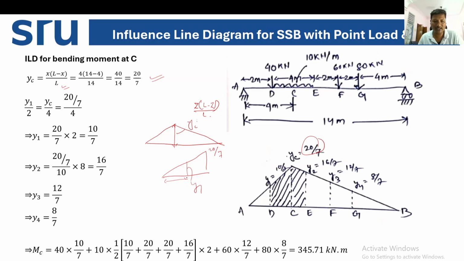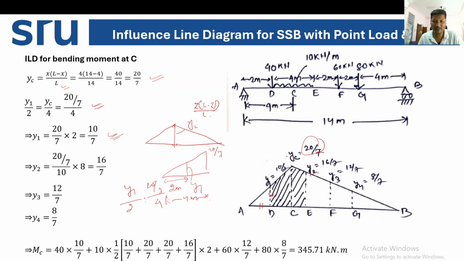For this smaller triangle, let's say this distance is 2 meter out of the total 4 meter, right? So Y1 divided by 2 is equal to 20 by 7 divided by 4. That is what we have written here. From this we can find Y1, that is 10 by 7.